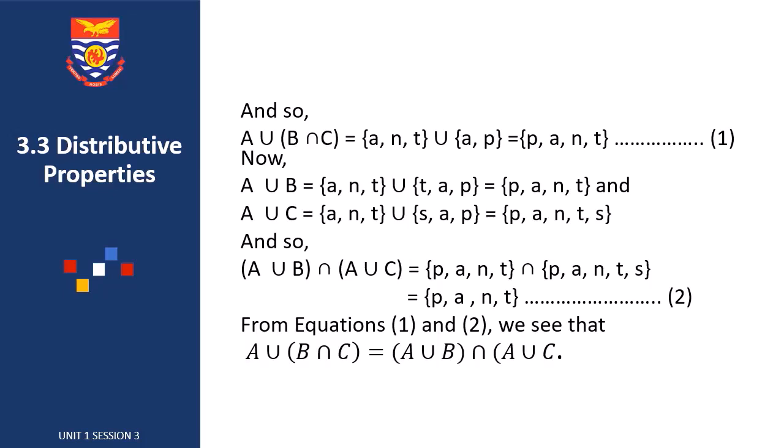Then we observe equation 1 and equation 2, and we discover that the two answers are the same. And so we can conclude that A ∪ (B ∩ C) is equal to (A ∪ B) ∩ (A ∪ C).